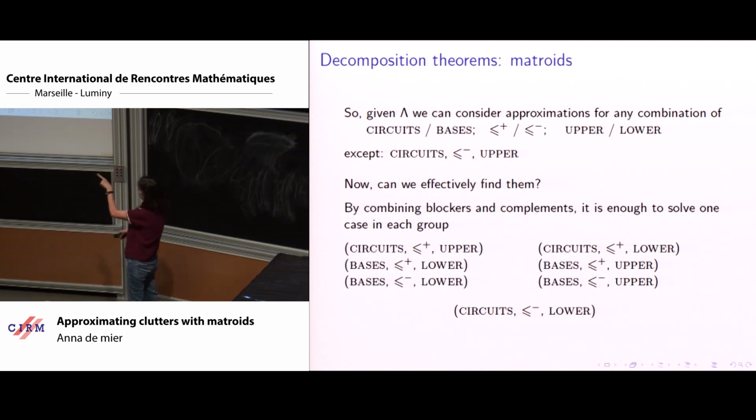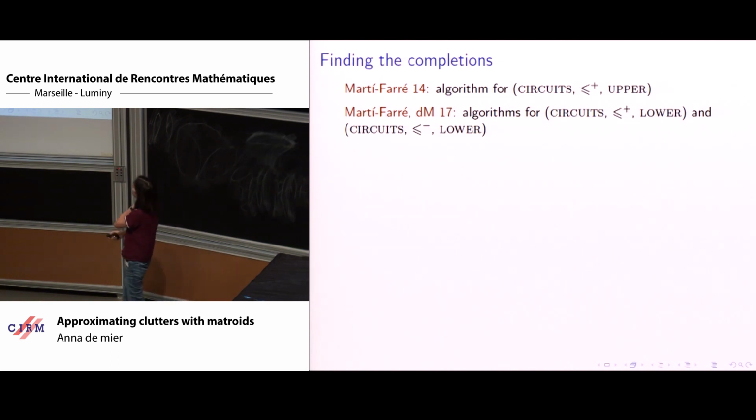And basically what we did was to give algorithms for the circuit cases. The first one was given by Jaume about 4 years ago, and then we did the other two.